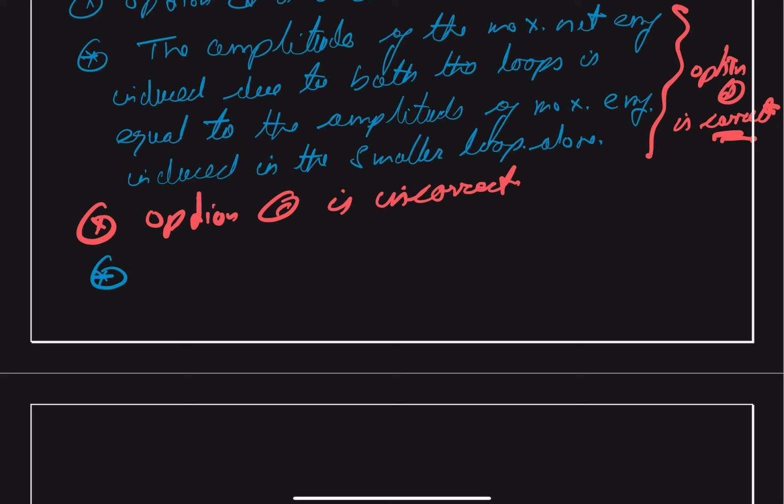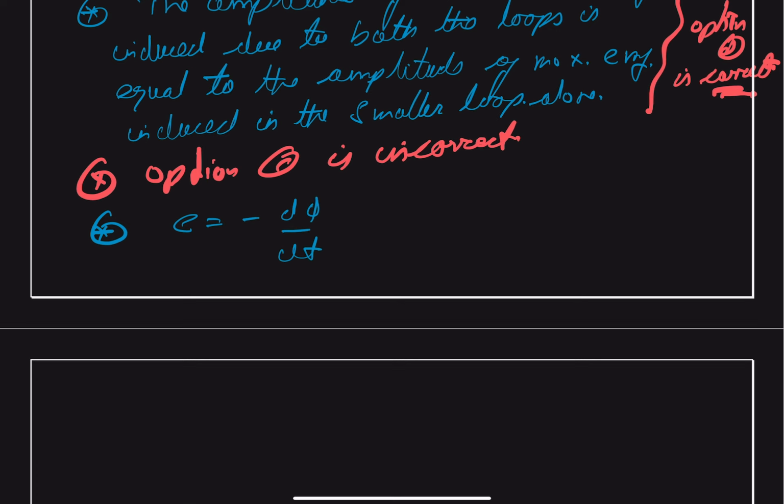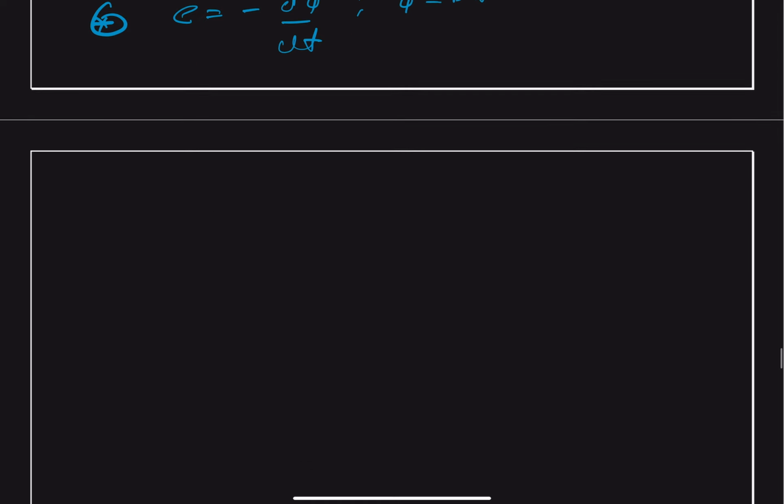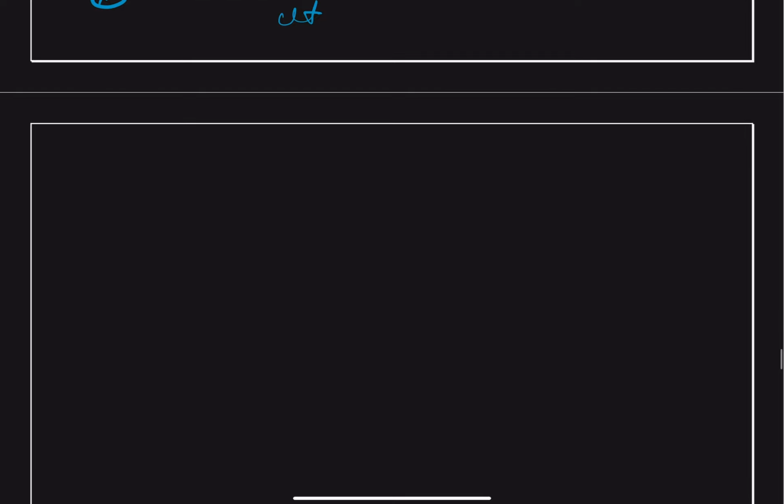It is said that EMF E is minus d phi by dt, and we know that phi is equal to BA cos of omega t, and the rate of change of flux d phi by dt is equal to minus BA omega sine of omega t.